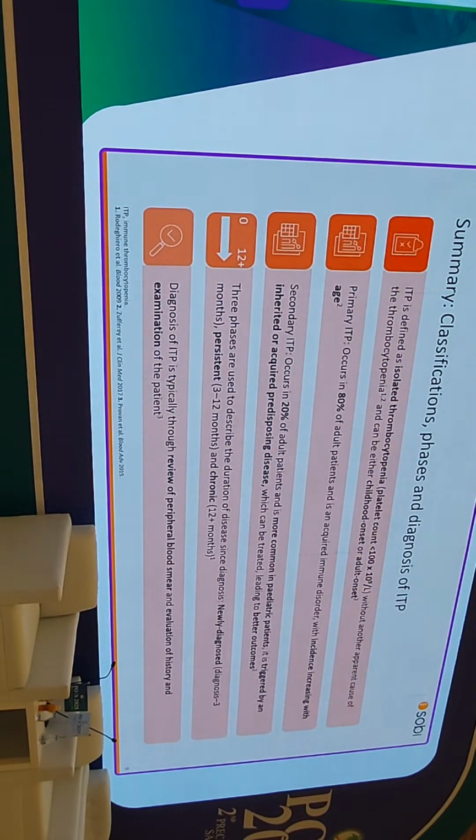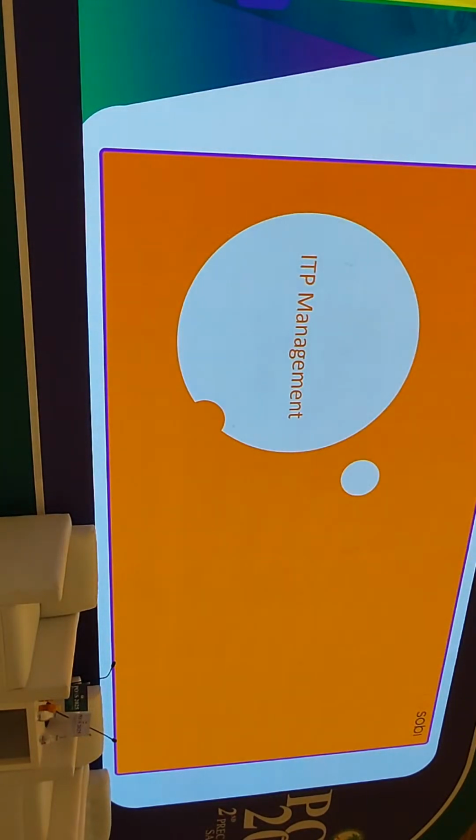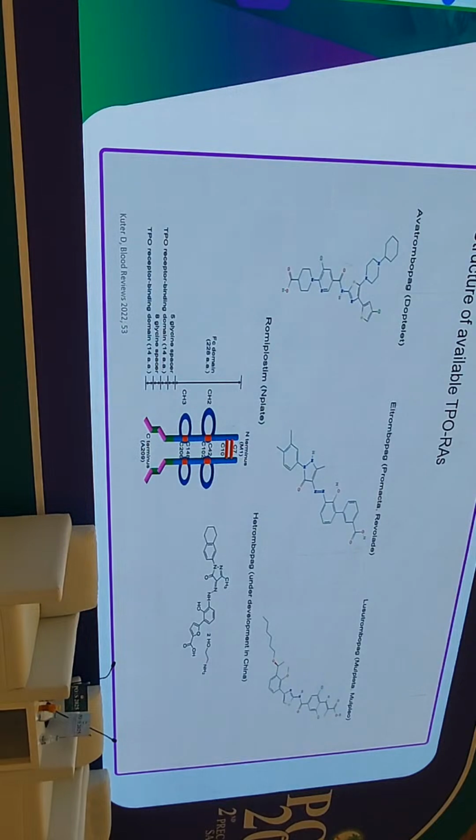The phases we talked about. So ITP management, we have the breakthrough in management. Unfortunately, people talk about rituximab before they talk about TPO receptor agonists, where the evidence for rituximab use in ITP is off-label.